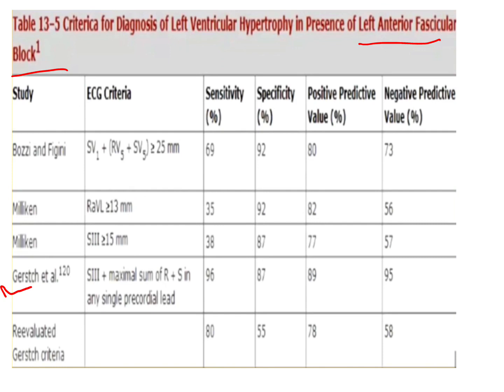But you can remember this: the S wave in lead 3 plus the maximal sum of R and S in any single precordial lead, if it is more than 30 mm, is suggestive of left ventricular hypertrophy in the presence of left anterior fascicular block.